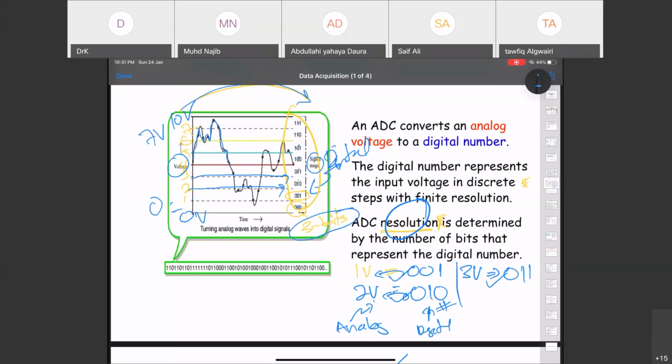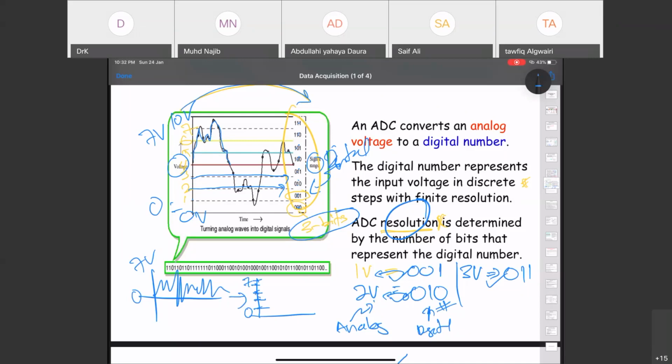When I convert information from 0 to 7 volt, I will have information up to 8 levels, 0 to 7. 0 itself is considered a level, so I will have conversion using these marking points.